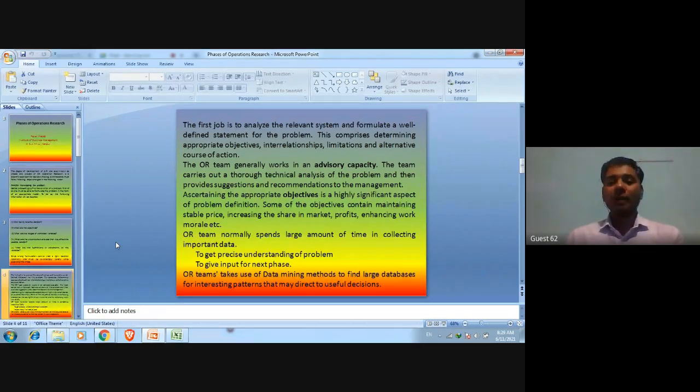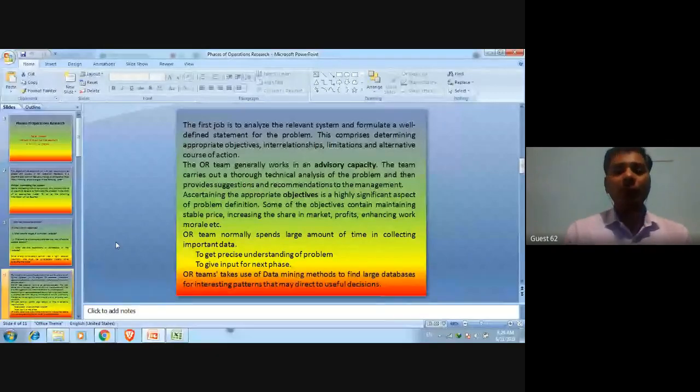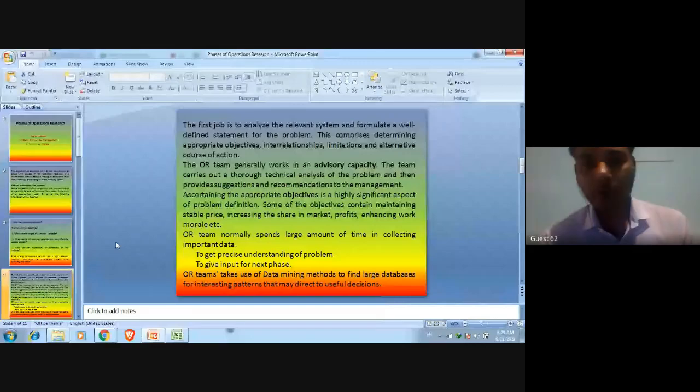Because when you are framing a model to solve the problem, you are solving it to achieve your organizational objective.